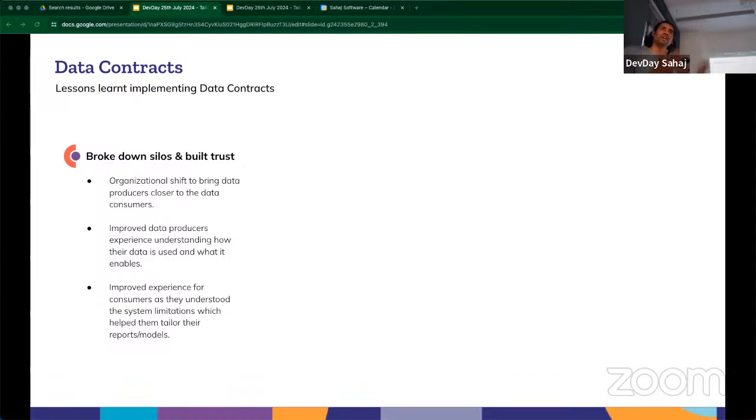And the way that they worked was the people who wanted to use these sources, they would just send the people who were producing this data a spreadsheet with a bunch of columns, and then this team would provide it to them. But there was no kind of common understanding of, okay, you're providing me this data, how are you going to use it?